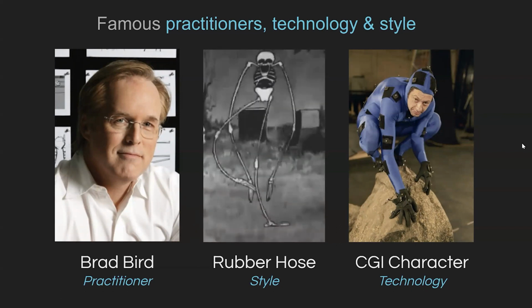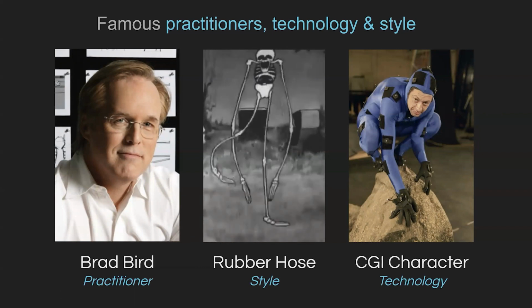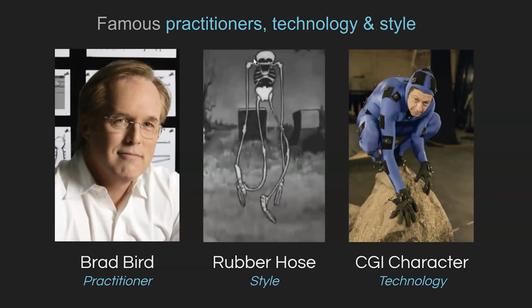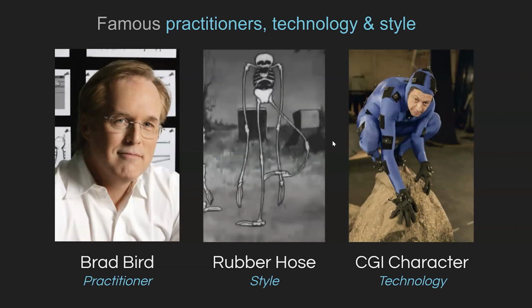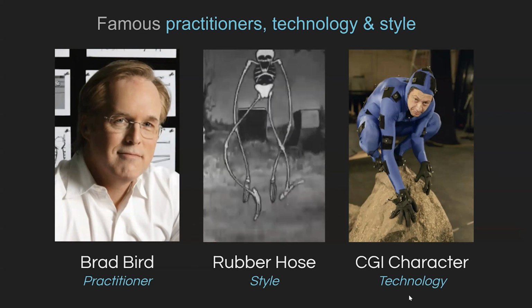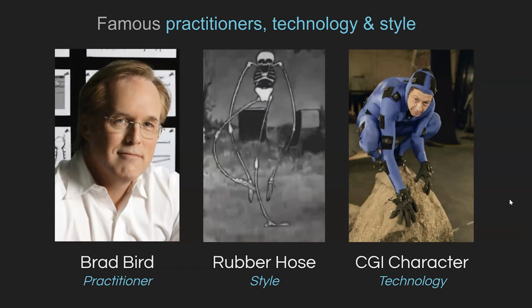Next, we've got style. Style is sometimes a little bit difficult to define in animation, but one really clear example that we have is the rubber hose animation style, which you can see here from the Silly Symphonies short film, The Skeleton Dance. And finally, an example of technology. So we've got here as an example Andy Serkis playing the part of Gollum.